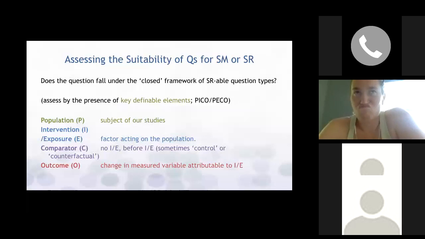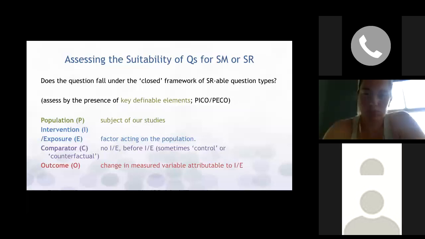So we may want to restrict your study design, your comparator there, to only including studies that have a control or a counterfactual. And then lastly is O, which is your outcome. So this is the change in the measured variables that you're interested in that are attributable to that intervention or that exposure.